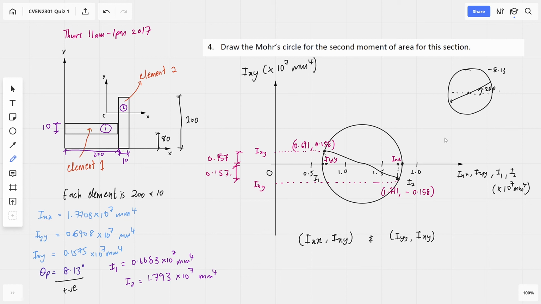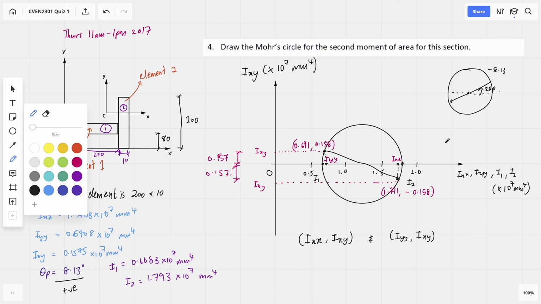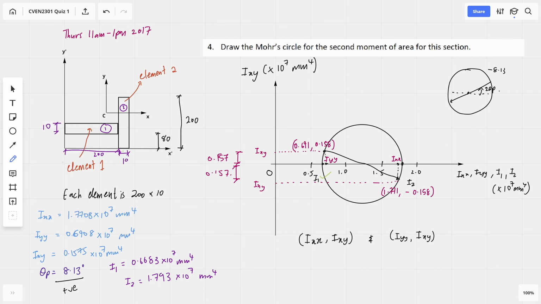And yeah, so basically we have I1 and I2, those are the extremities, and then we have put our points, which are IXX, IXY and IYY, IXY. This will depend on where these values are: in this case IXX, IXY is down here, and IYY, IXY is up here, and then you have those correct coordinates.